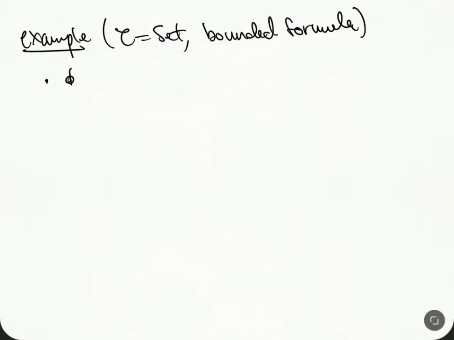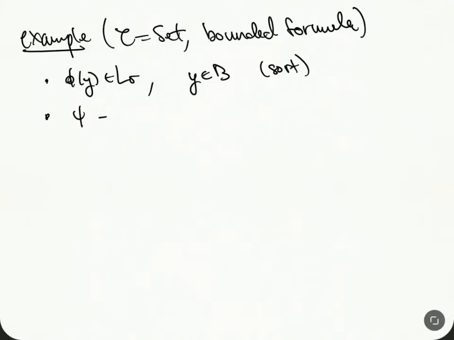So here we'll take C to be the category of sets, and then we'll just look at a bounded formula. We should be able to make a truth value. So let's take phi of y to be in our language. The signature doesn't matter at all, and then we'll take y to be of sort B. Then we can create a bounded formula out of this.